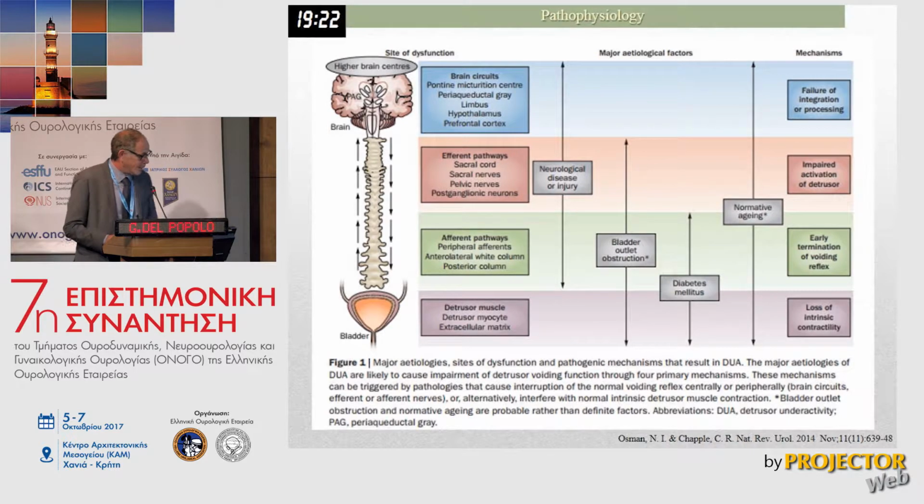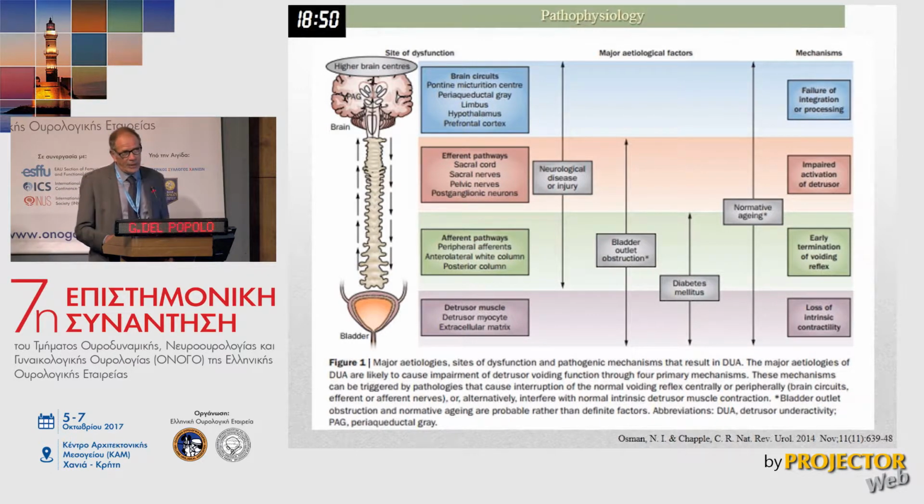About pathophysiology, we know that we can have some impact, some mechanism, at the suprapontine level in the brain. In this case, we have a failure of integration or processing of the voiding function. If you have an efferent impact on sacral or peripheral innervation, in this case we have impaired activation of the detrusor.